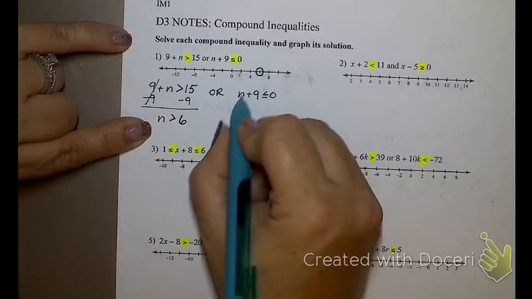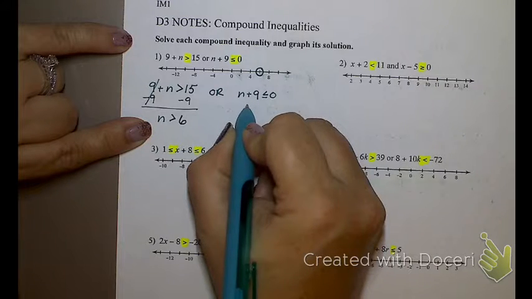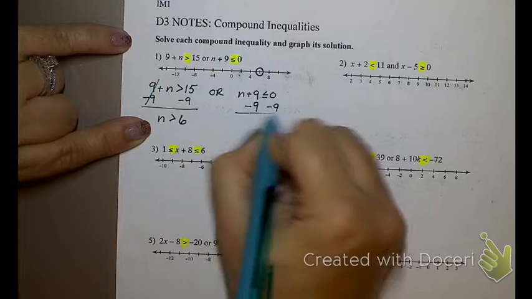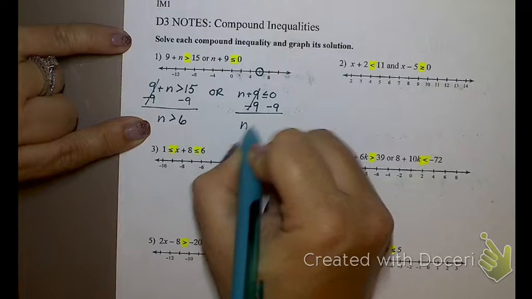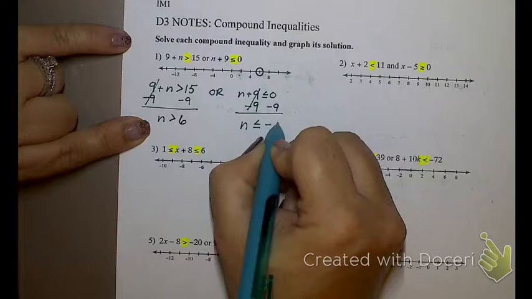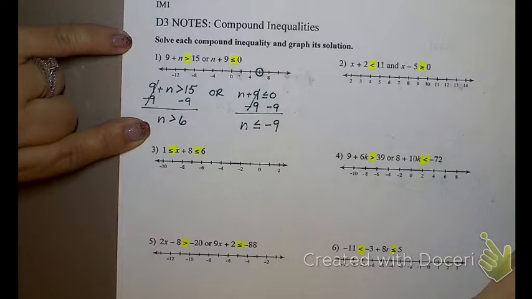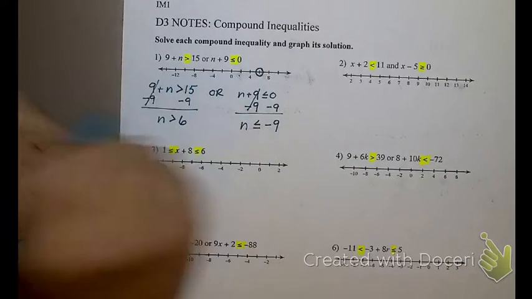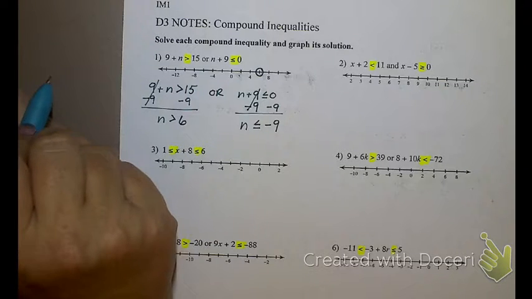What would I do to solve over here? Subtract 9. So n is less than or equal to negative 9. Would I put an open or a closed circle on negative 9? Where is negative 9?